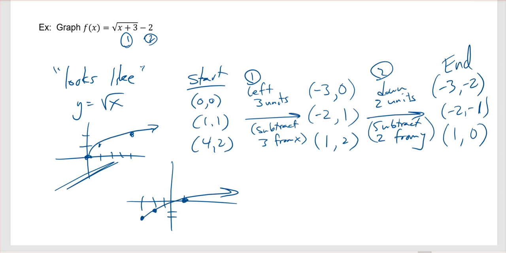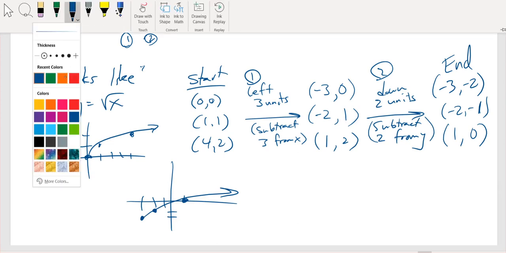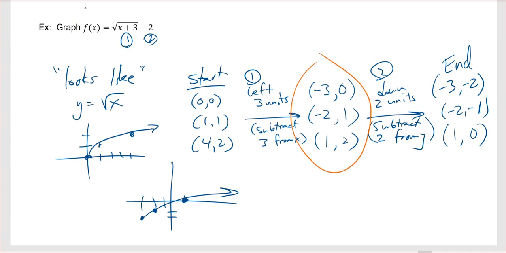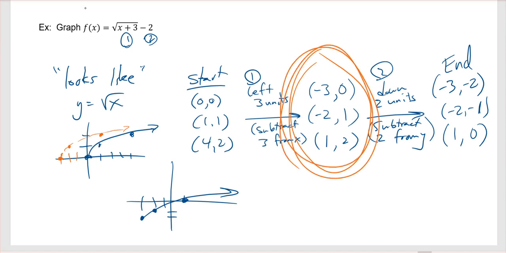Okay, super. If we want to do the series of graphs, we can totally do that too, right? Because we're going to have these points. We would have 1, 2, 3 goes with 0, -2 goes with 1, 1 goes with 2. So this would be our first transformation, right? Those are these points.